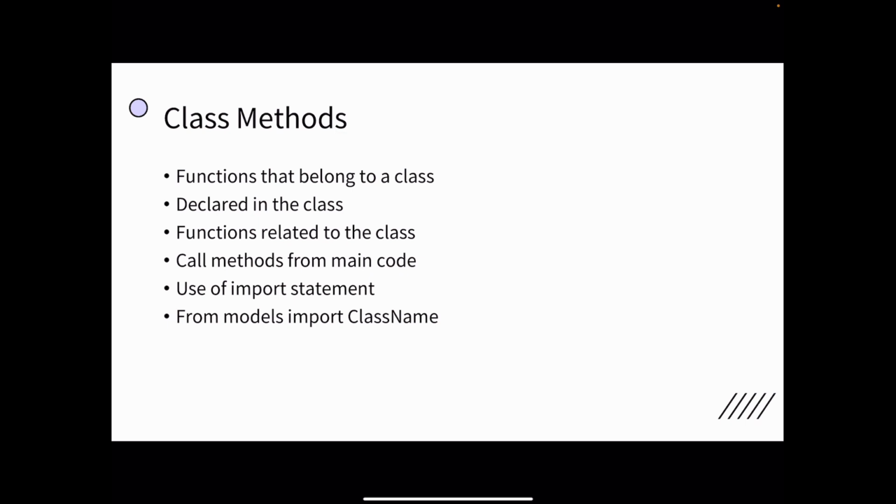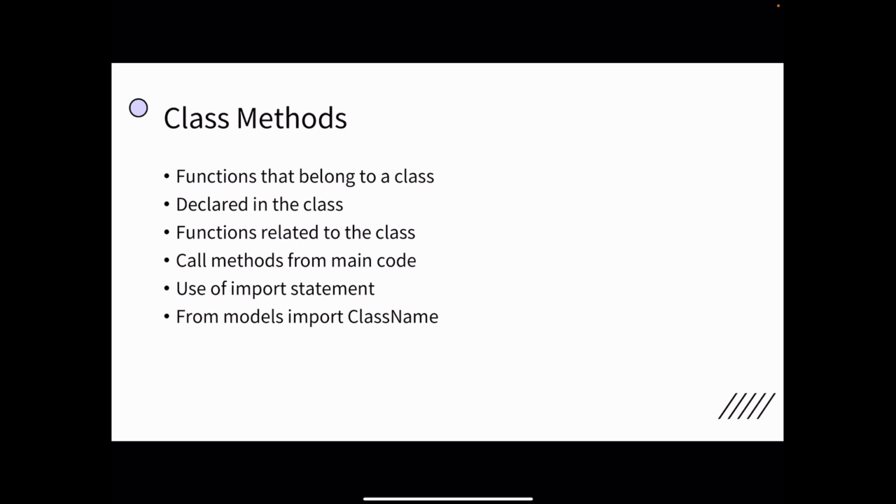That is a function that would be related to the class car. So they are declared in the class itself. They are a member of the class, but you define them the exact same way you would any other function. And when you initialize that class, the methods that are a member of that class become available as soon as you create your first instance of the class.